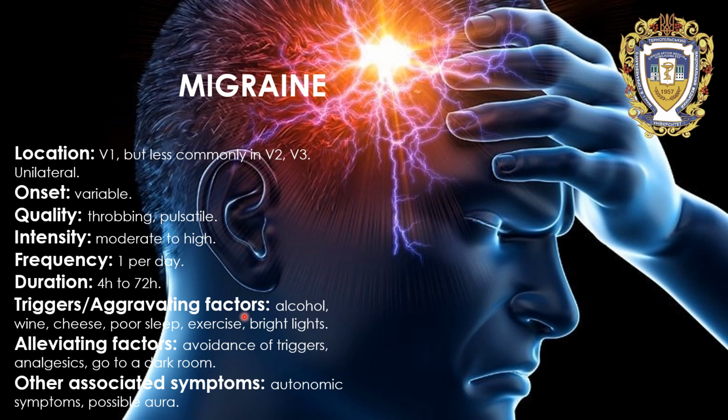And how can we alleviate it? Simple advice: avoidance of triggers and analgesics, and go to a dark room. Other associated symptoms with migraine: autonomic symptoms, possible aura.